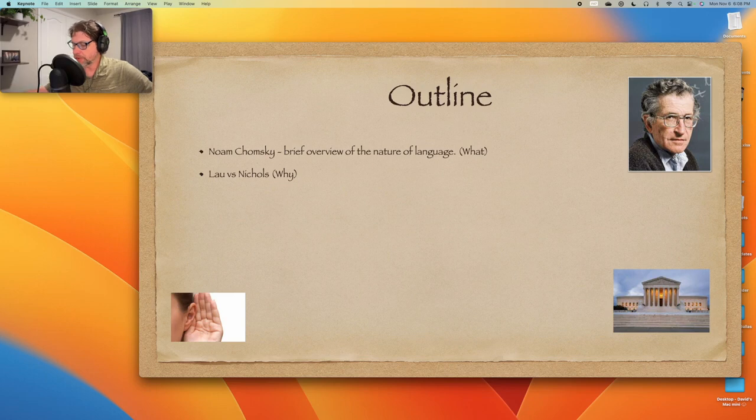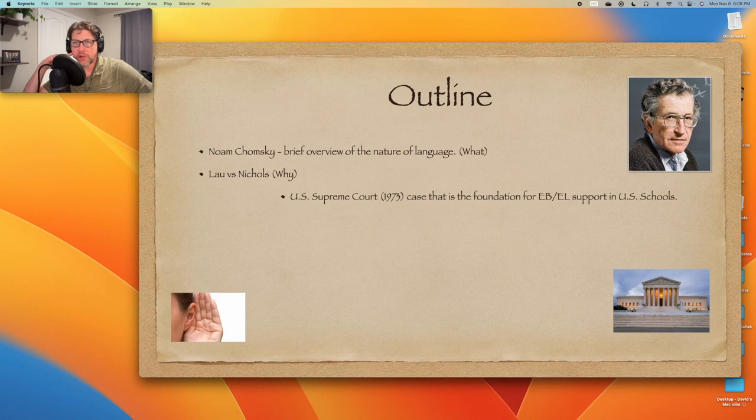And to do that, we're going to listen to some excerpts from a 1973 Supreme Court case, Lau versus Nichols, which is the foundation for probably the law and the structure of English language learner support and language development in public schools.